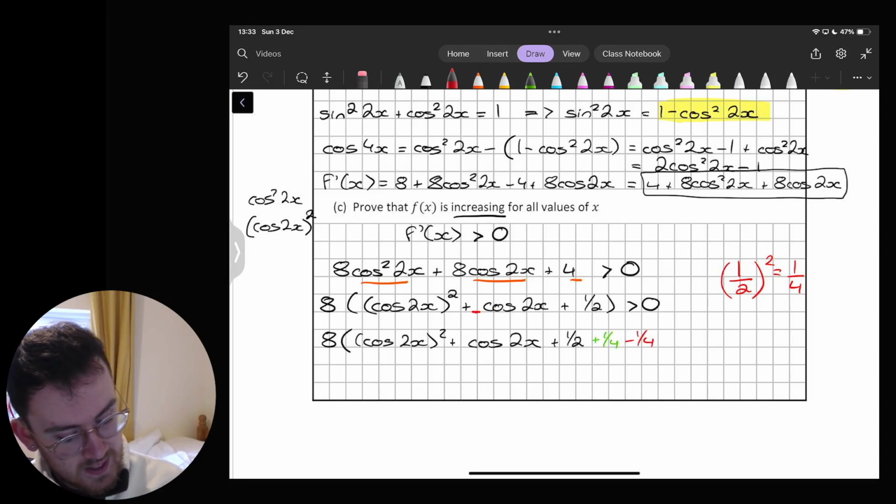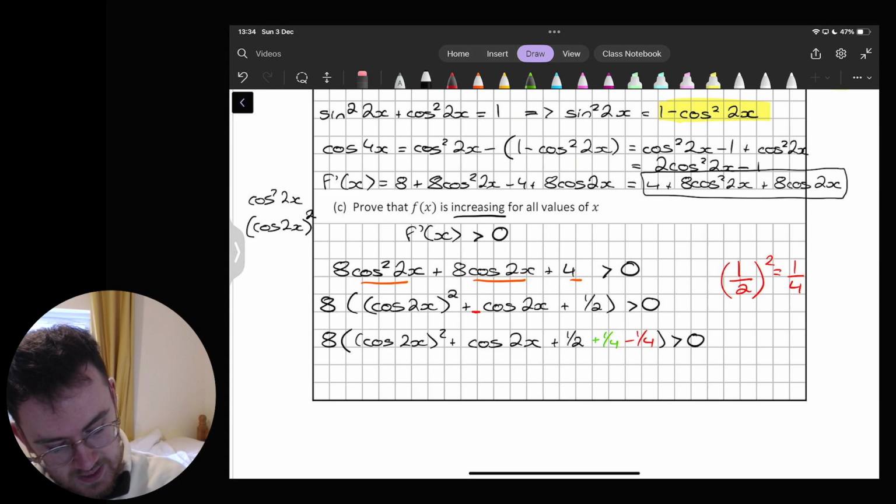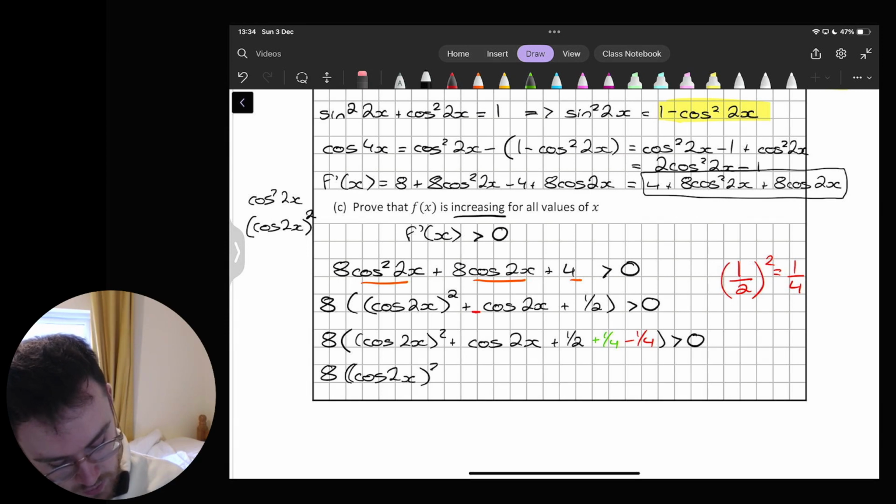So remember, we add and subtract the same amount because we can only change the question by doing that. So now adjusting my question here, I have cos 2x squared plus cos 2x, I'm going to bring that quarter over as part of the first part of the equation, and then I have the half minus a quarter on the end here.